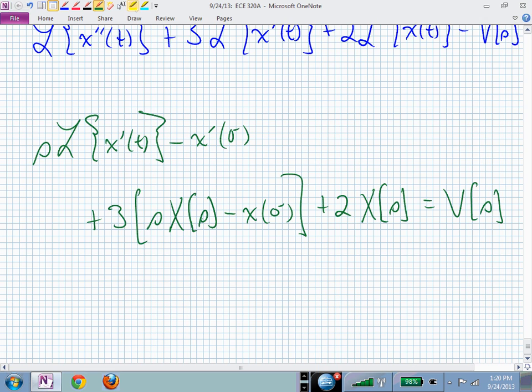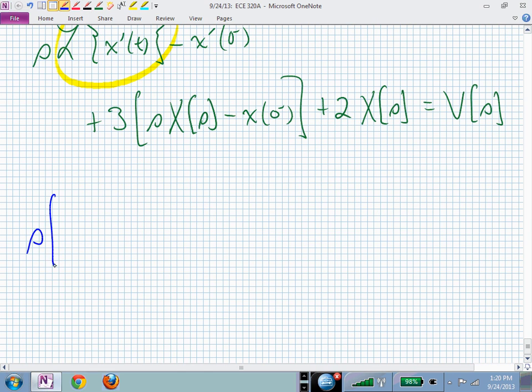Now I simply need to finish that one up. But I know how to Laplace transform a derivative, but I need to keep track of that s out in front. So now I have s times the Laplace transform of a derivative, which is now s X of s minus x of 0 minus, minus x prime of 0 minus, and now I just copy down what I had before.